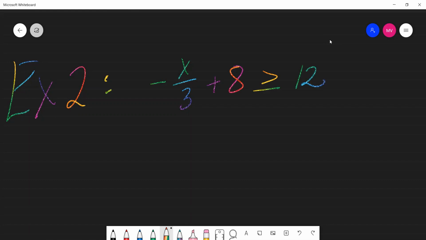Remember, when we see a negative fraction, so let's look at the example negative x over 3, how could you rewrite that so that your negative is attached to only one of either the numerator or the denominator, that means the same thing as negative x over 3?